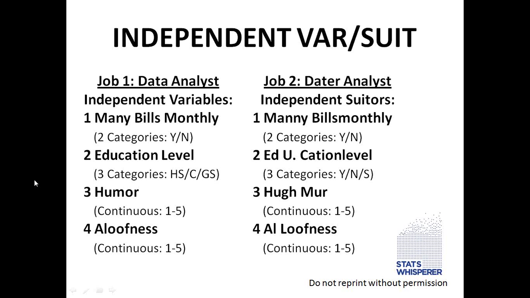Then suitor number 3 is humor, and then suitor number 4 is aloofness. Now I want you to get curious, the same way you would think about which independent variable relates to the dependent variable. How would these personified variables relate to the dependent client, right? You could start to speculate on what relationships might be in both cases.